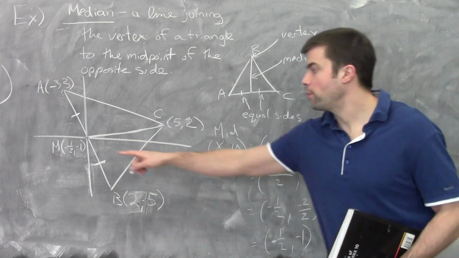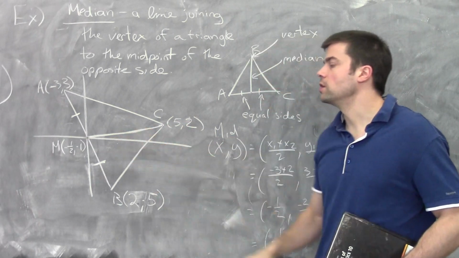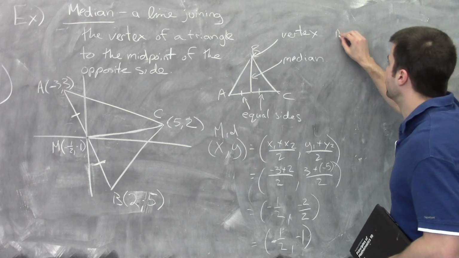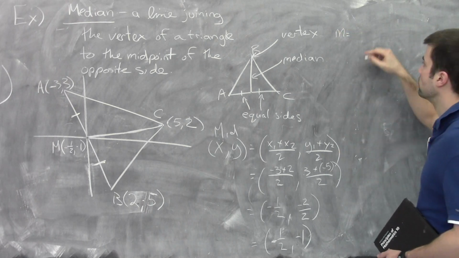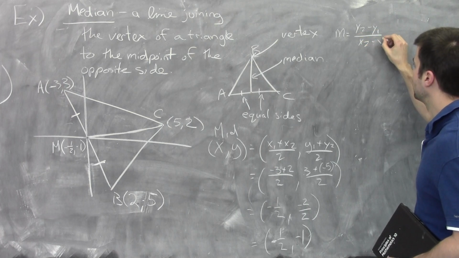Okay? So my midpoint is there, I found it over here. So now I have two points. It just goes into one of those questions where we have two points on a line and need to find the equation. The first thing we want to do is find the slope. So my slope is going to be y2 minus y1 over x2 minus x1.